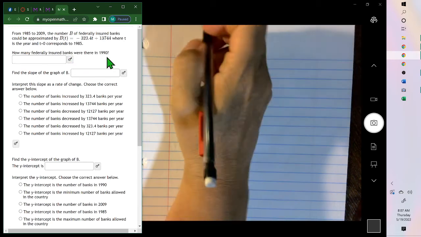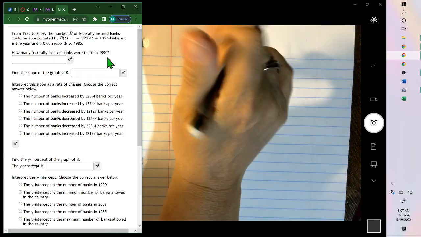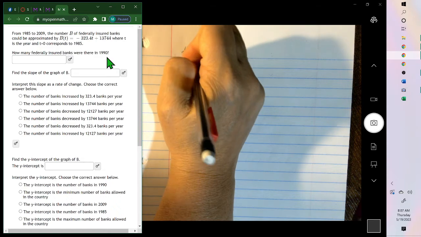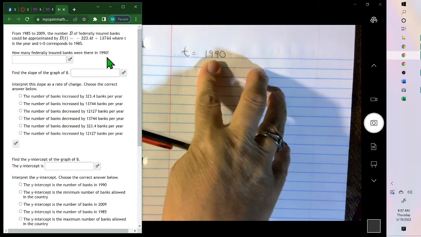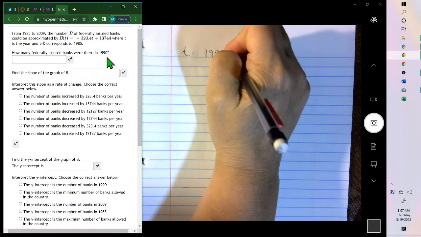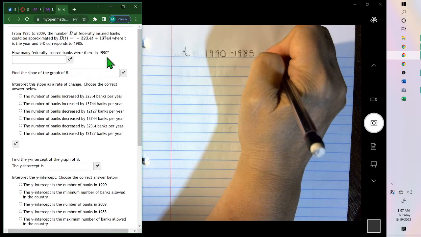How many federally insured banks were there in 1990? So we need to find T. In 1990, we need to know how many years that's been since 1985, which is 5 years.